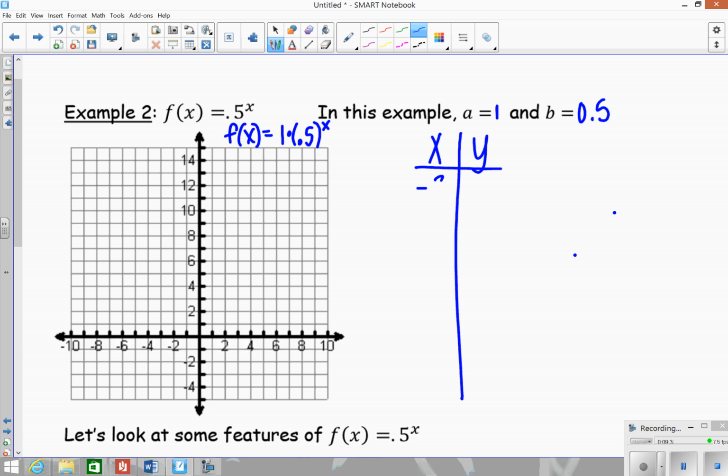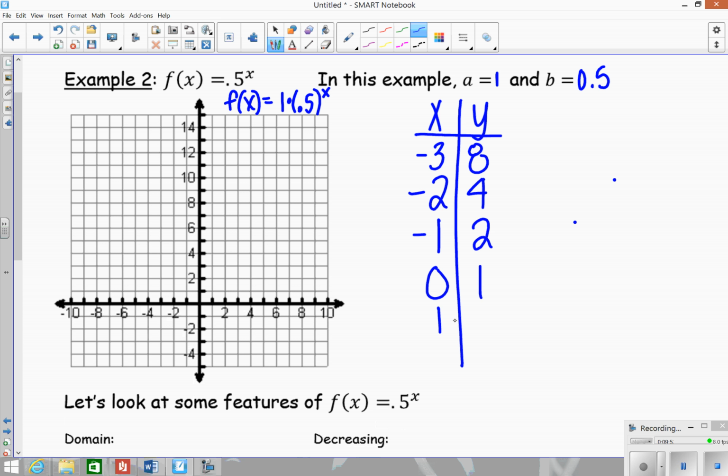So I'm going to start at -3, 8, -2, 4, -1, 2, 0, 1, and then maybe grab some decimals as well. So 1 was 0.5, 2 was 0.25, and you're going to see that these numbers start getting closer and closer to 0.